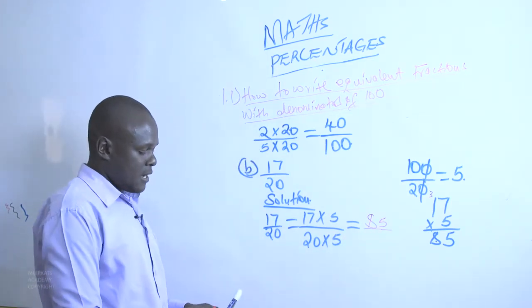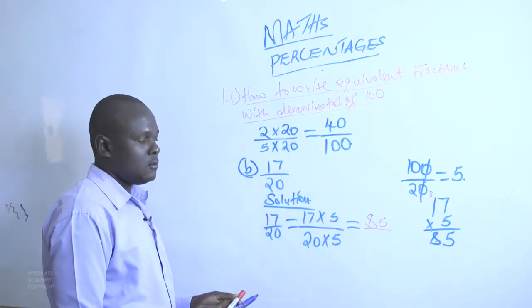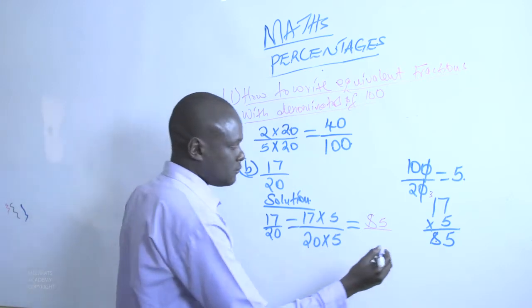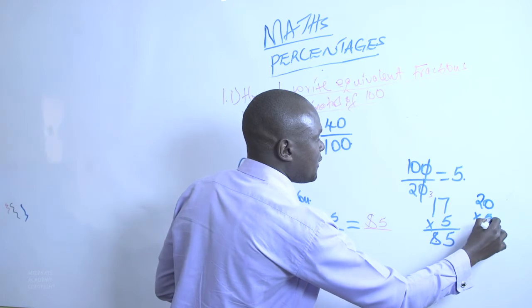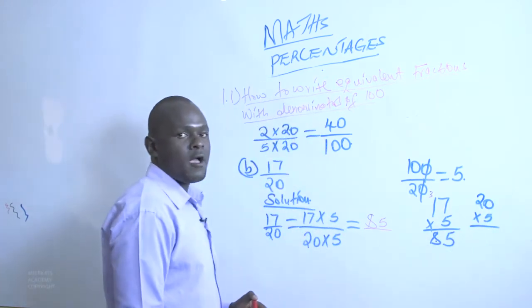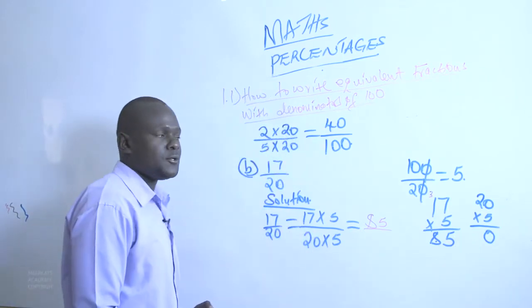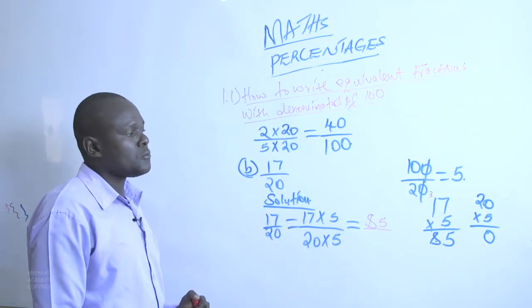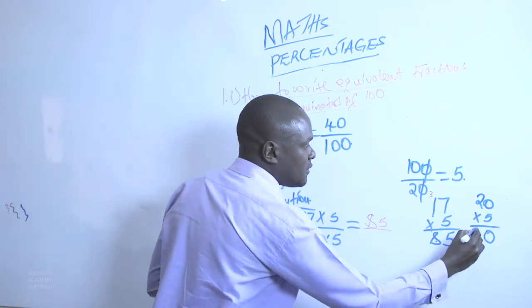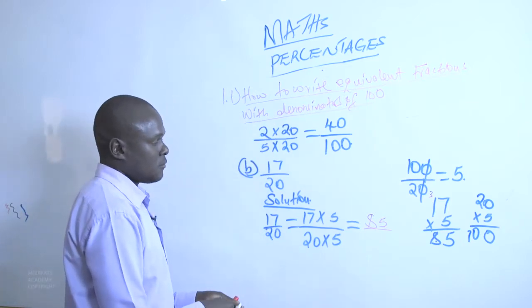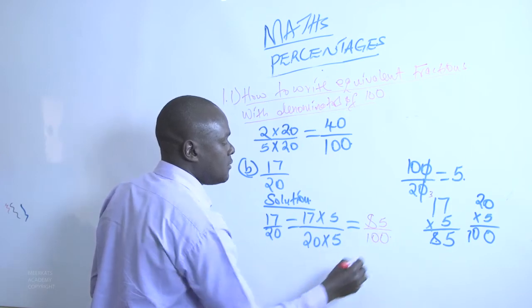And the same can be done to get the denominator. This is 20 multiplied by 5. 5 multiplied by 0 will give us 0. Any number multiplied by 0 will give us 0. And 5 multiplied by 2 will actually give us 10, so our denominator will be 100.